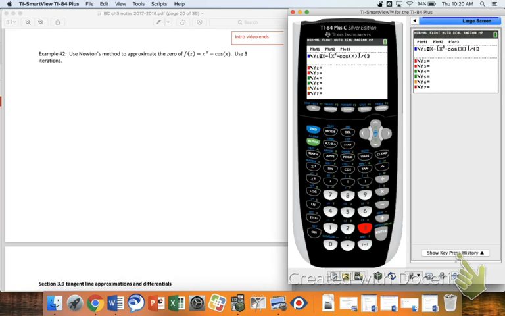So divided by parentheses 3x squared plus sine of x. So I basically put Newton's method in there for my y1.